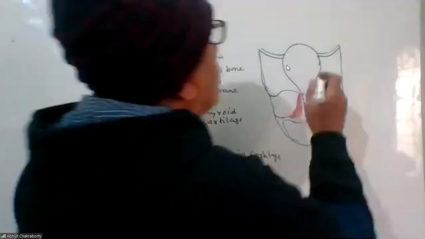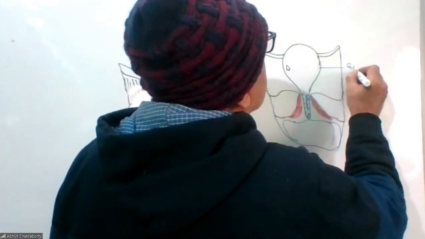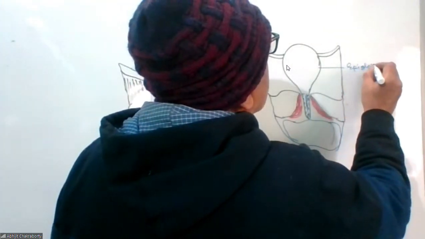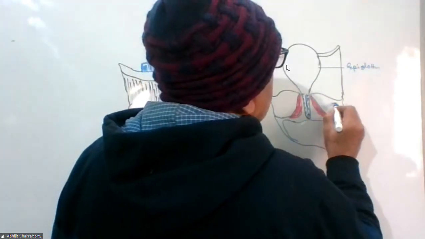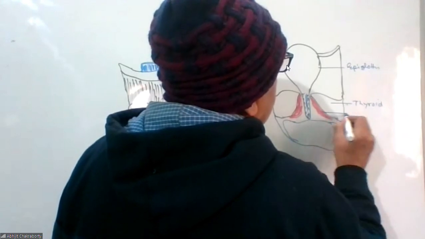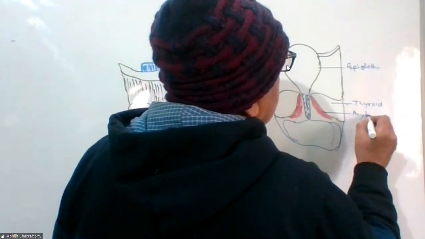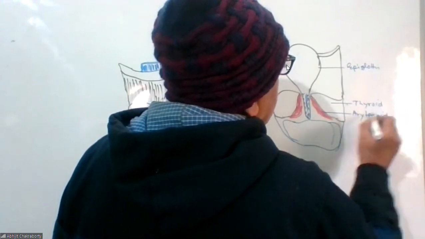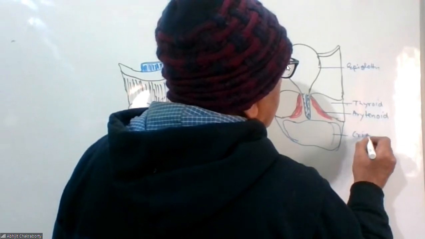So here you will get the epiglottis. This is the thyroid, arytenoid, cricoid.